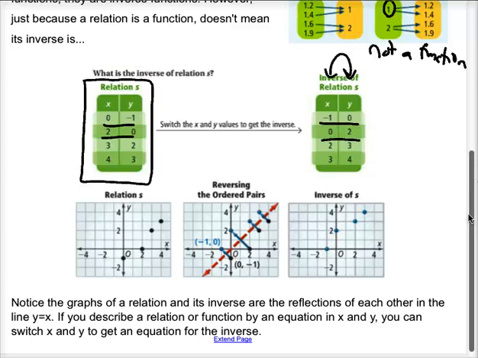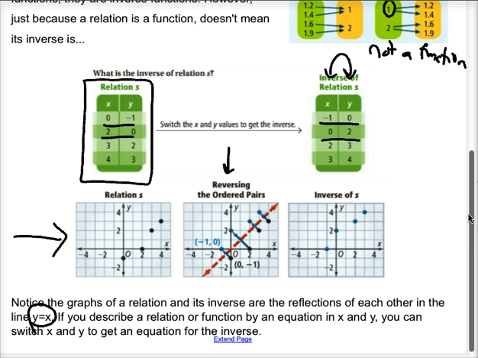Now graphically, something cool happens. So please follow along right there for me. If you look at the graphs of relation S and its inverse, if you imagine putting them in the same coordinate plane, notice those points actually mirror over the line y equals x.